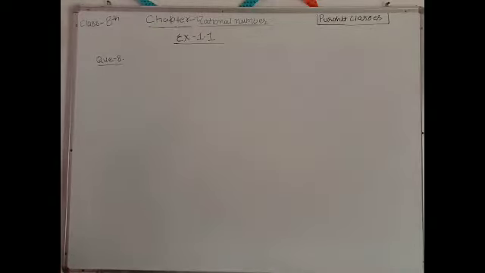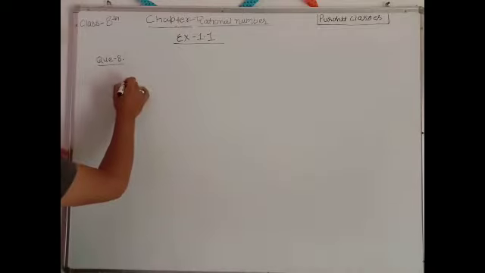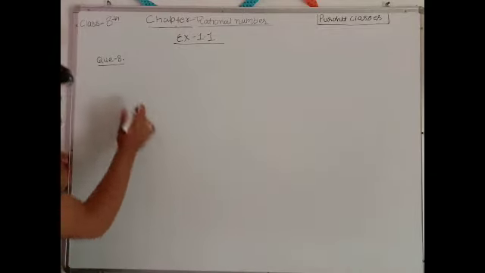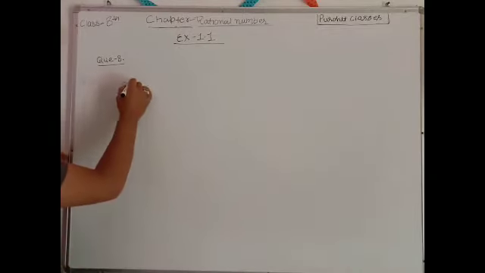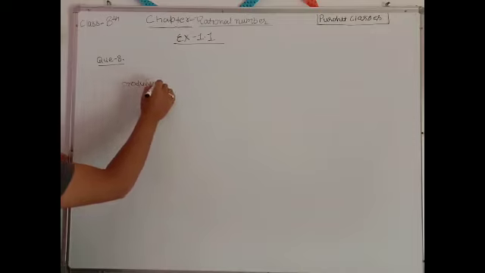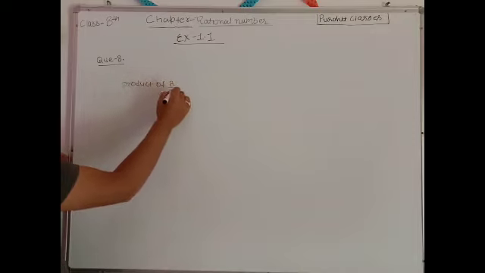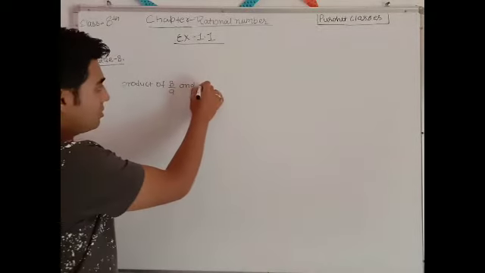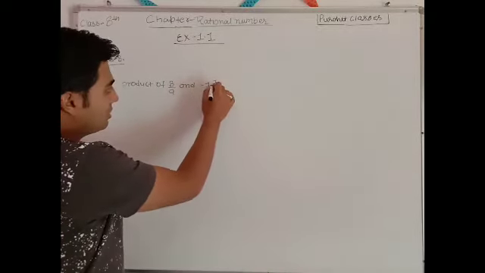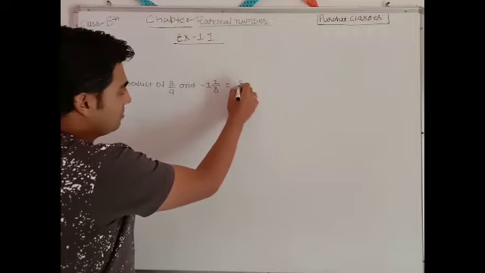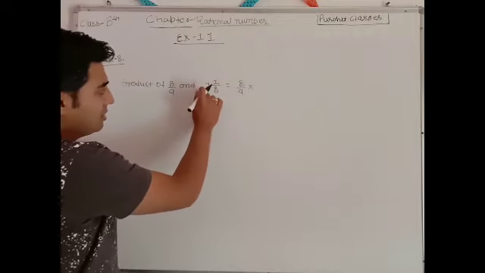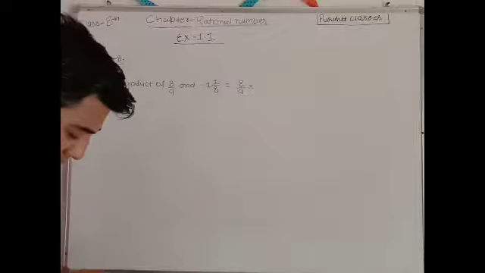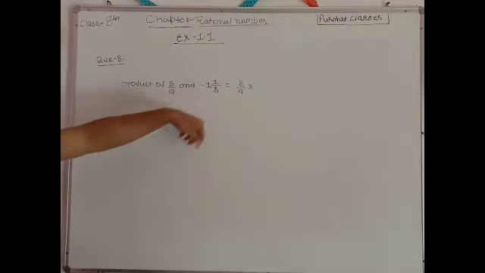We will multiply both the numbers, and if we get 1, we will say yes, and if we do not get 1, we will say no. So let us find out the product of 8 by 9 and minus 1 whole 1 over 8, which is 8 by 9 multiplied by minus 9 over 8. Tell me what will be the answer. Minus 9 upon 8.